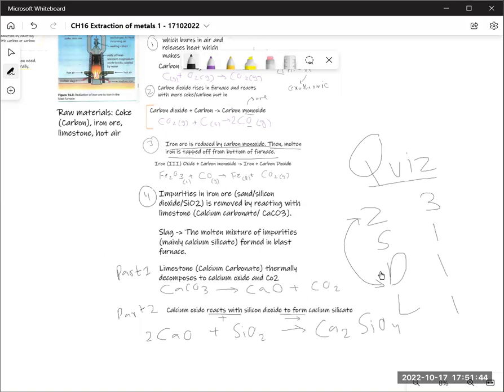The last question is, how do you get calcium oxide? This is for the second team, Safa and Luna. How do you get calcium oxide in the blast furnace? How is calcium oxide formed? And tell me the equation for that.